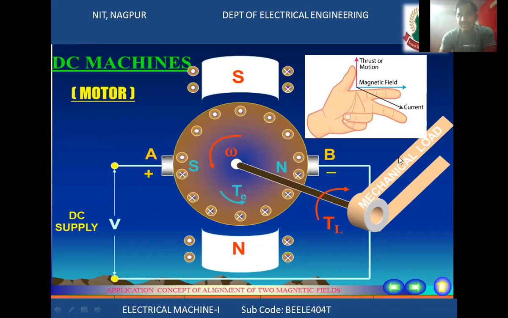By means of the left hand rule, if three fingers are stretched in such a way that the thumb, the fourth finger and the middle finger are perpendicular to each other, then the thumb represents the motion, the fourth finger represents the magnetic field, and this finger represents the current. So you will get the direction of these particular things.